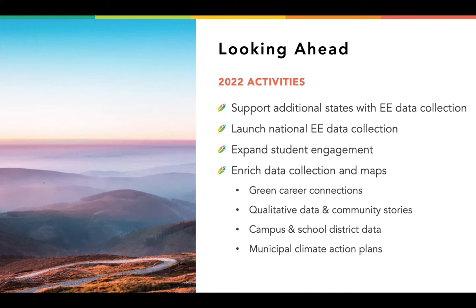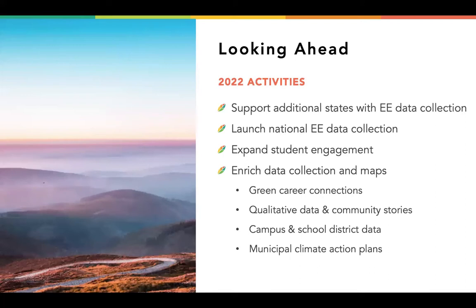We will be collecting qualitative data and stories from communities, specifically how young people are experiencing climate justice issues in their own communities, and being able to add this personal storytelling component to the quantitative data that is typical of GIS maps.